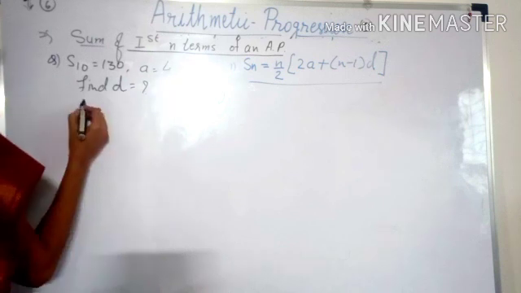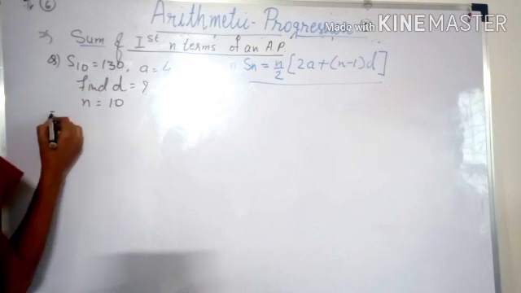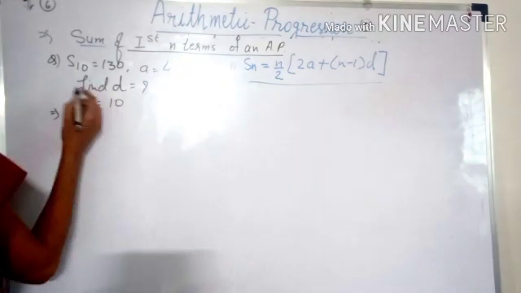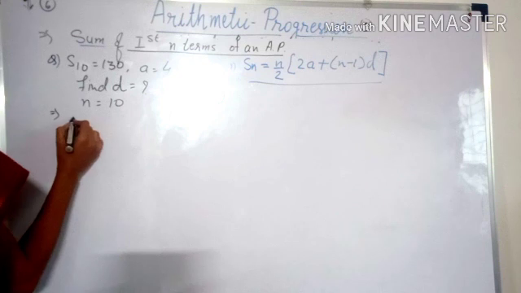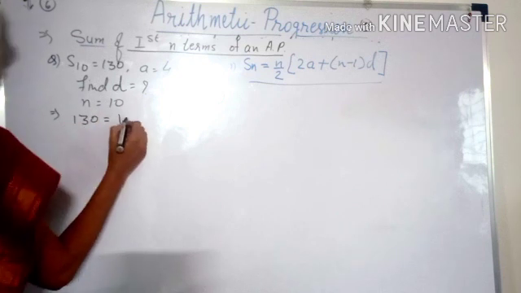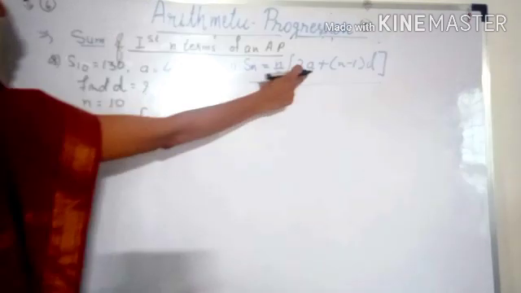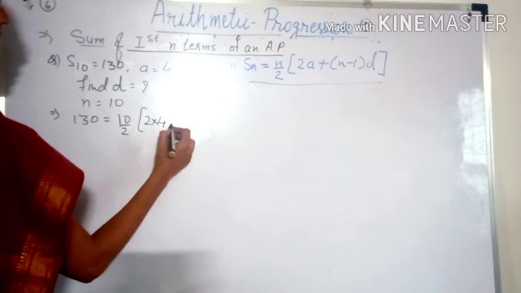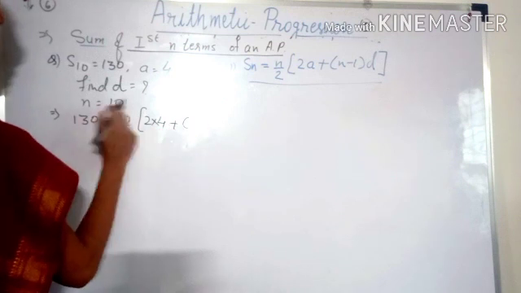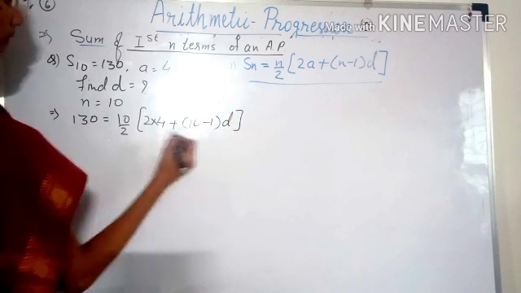Then what is n? n is equal to 10. Now we'll put the values in this formula. 130 is equal to n is 10 divided by 2 in a bracket 2 into a is 4 plus n minus 1, n is 10, minus 1 d, and we don't know the value of d.